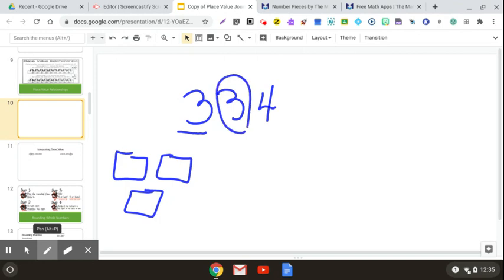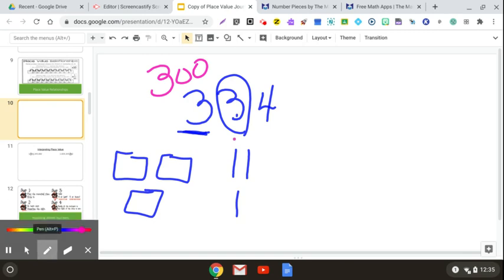And this one are 10 sticks. Which of those is bigger, the underlined 3 or the circled 3? The underlined 3 is 300. The circled 3 is 30. 300 is bigger than 30.